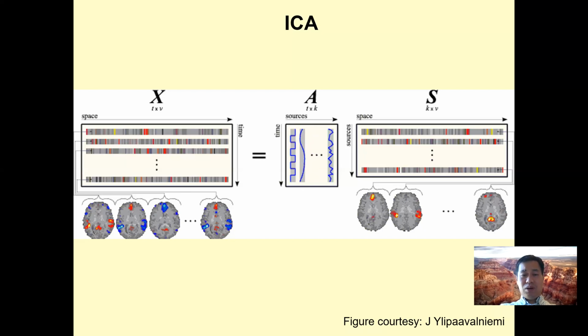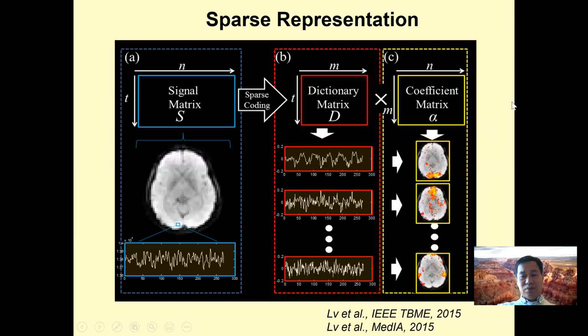This is also very commonly used in the fMRI field, but more commonly in resting state fMRI time series analysis. In recent years, my group has been working on sparse dictionary learning and sparse coding to model fMRI time series. Our idea is like this. We put the input time series into a giant matrix.